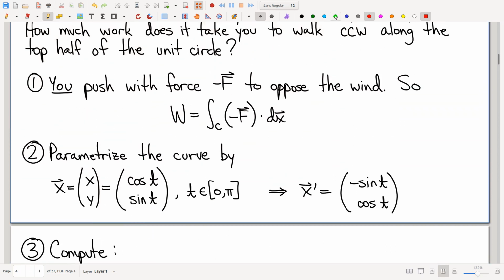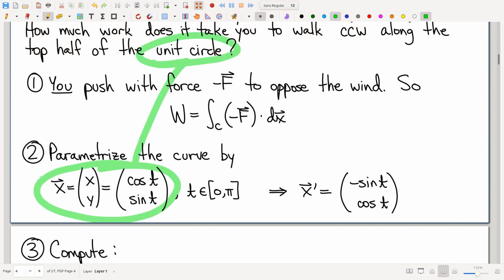The unit circle is easy to parameterize. Specifically, we're looking at the top half of the unit circle, which we achieve in just these values of t, 0 to pi. We don't go all the way around, just the top half.